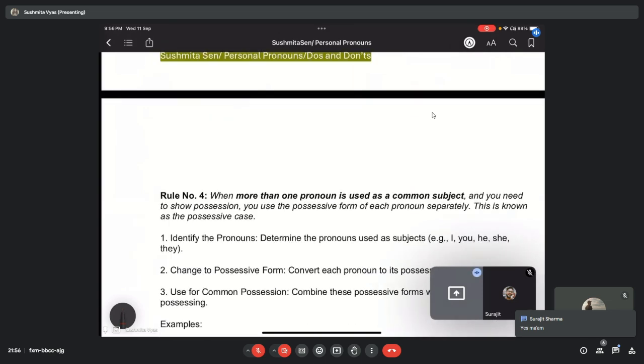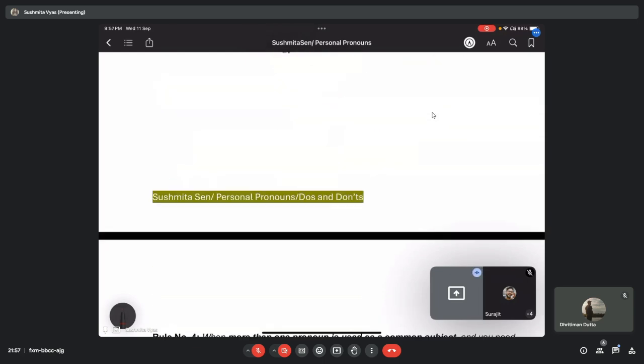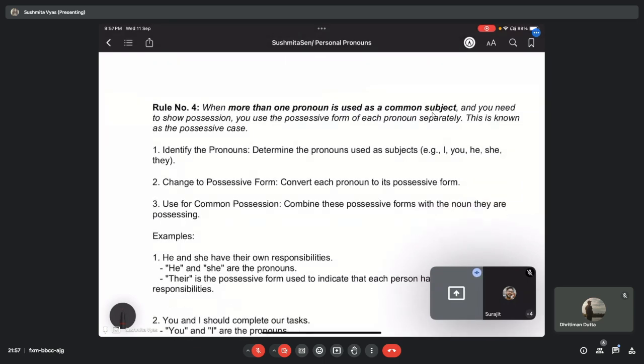So see, that's how easy this is. We just looked at this example. The basic explanation is in rule number 4. When more than one pronoun is used as a common subject and you need to show possession, you use the possessive form of each pronoun separately. This is known as the possessive case.